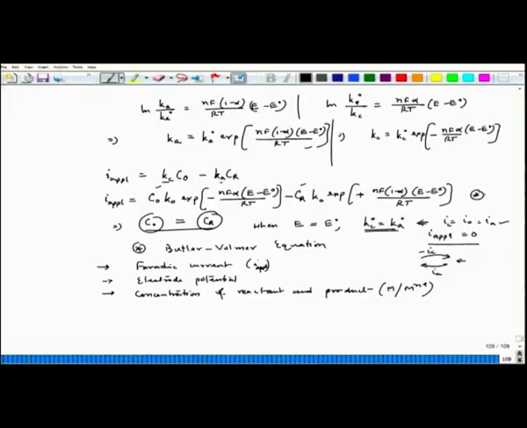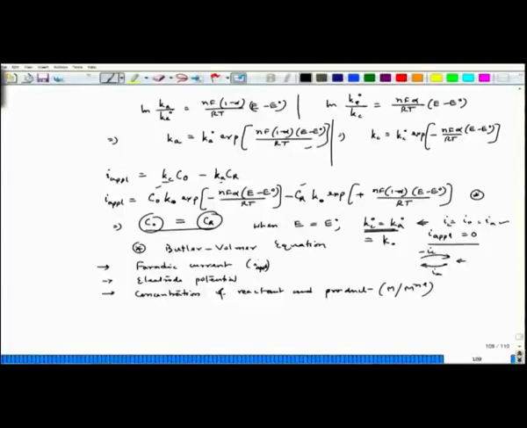Now, before I conclude, I would like to say that when we have this particular relation, I can equate it to K0 and then I can write K0 here also. So, in lecture 33, we need to have a modification.